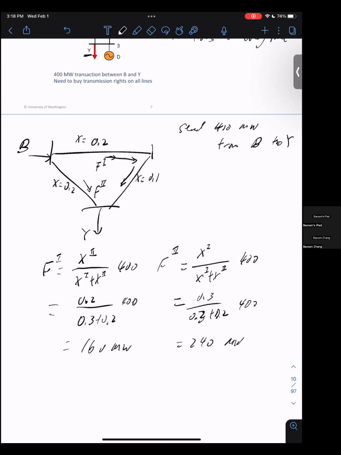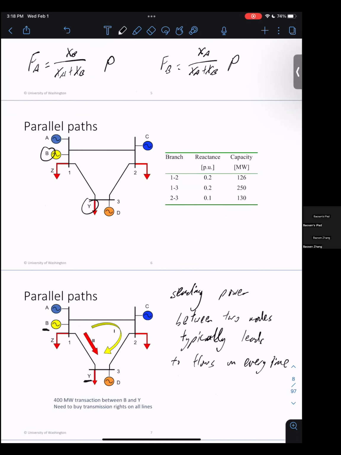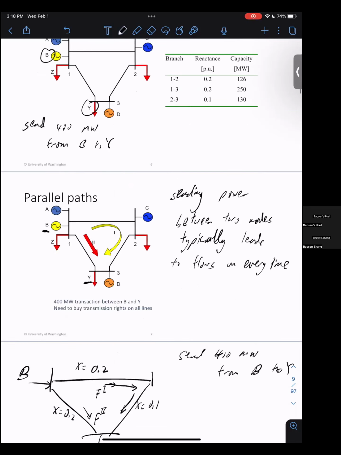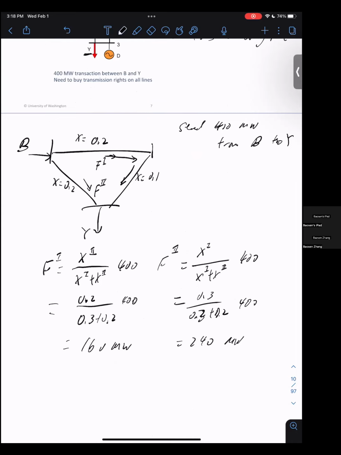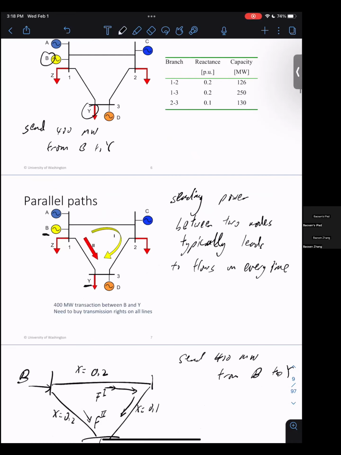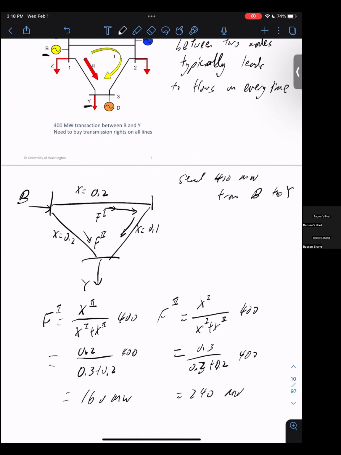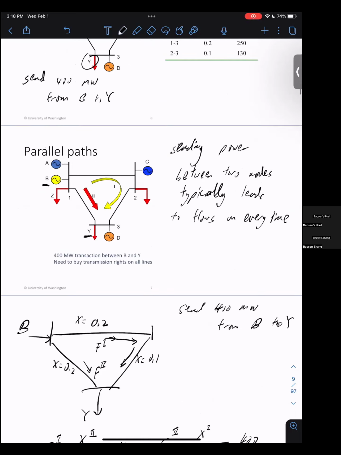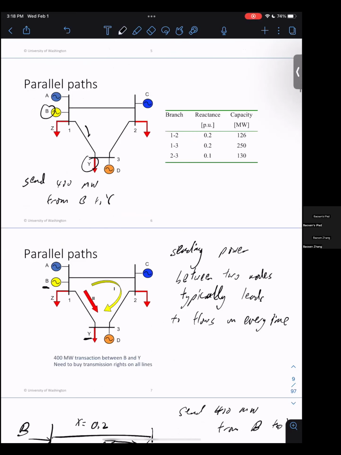If you want to send 400, you get 240 one way and 160 the other way.